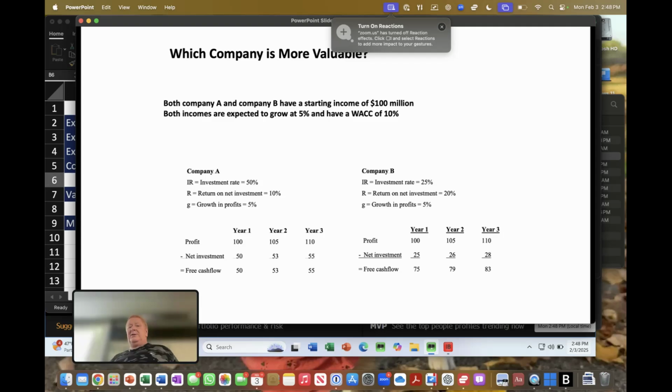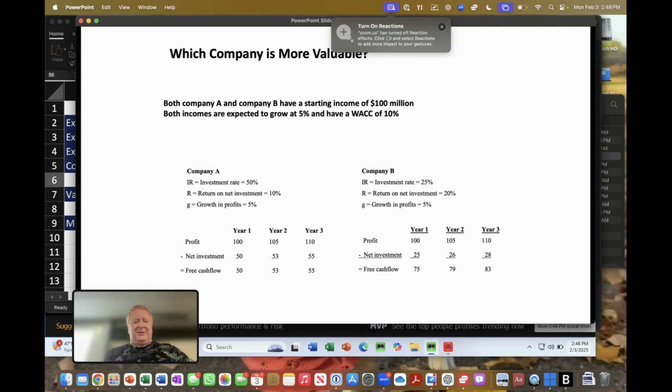And the whole point was A and B make identical profits. 100 million a year, 100 million a year. A and B have identical growth rates. 5% a year, 5% a year. A has a 10% ROIC. B had a 20% ROIC. They both have a 10% WACC.